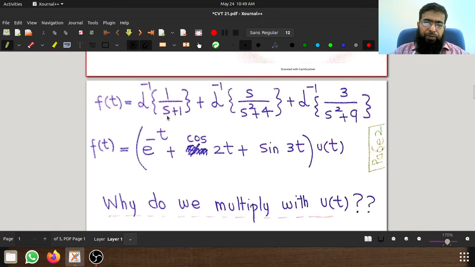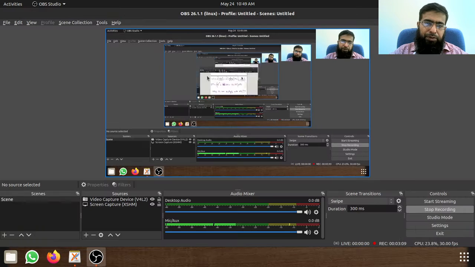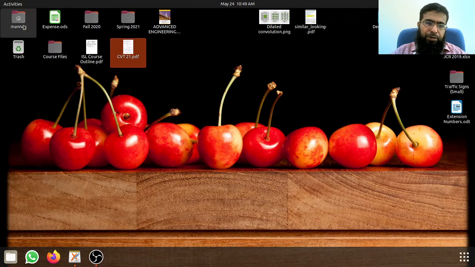So this means f of t is, we know that e to the t has a Laplace transform 1 over s minus 1, or e to the at has a Laplace transform 1 over s minus a. We have already studied many Laplace transforms before this.